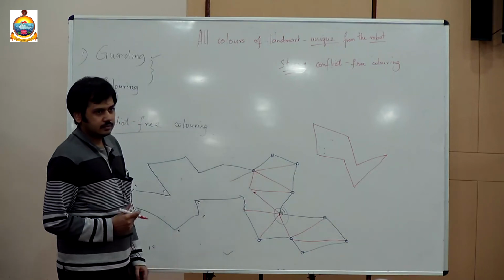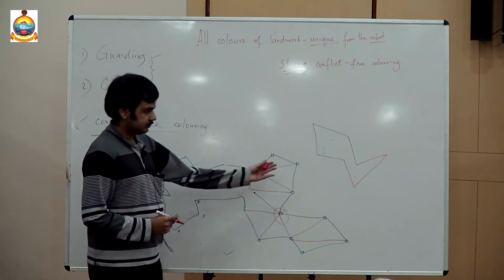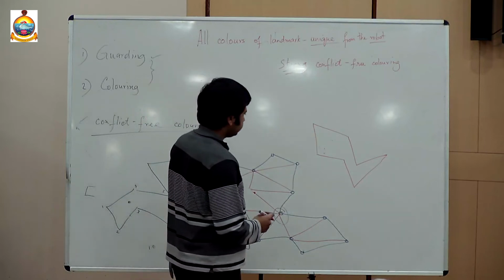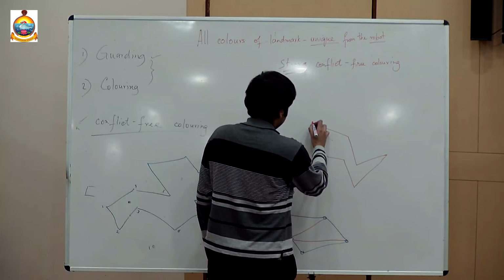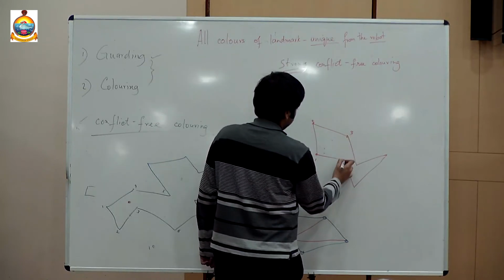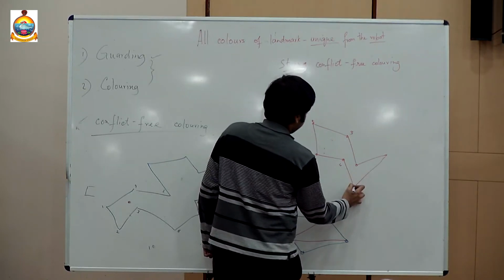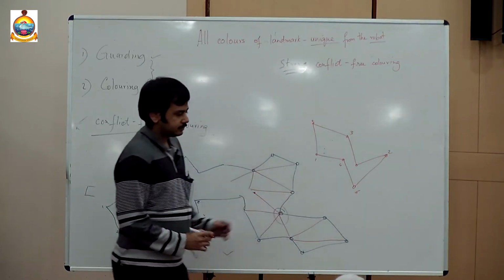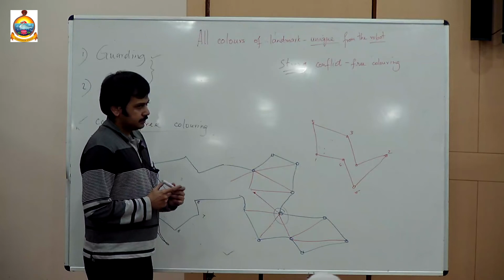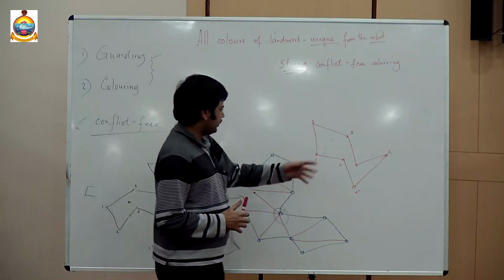What are the number of colors? Answer: 6. Okay, so 1, 2, 3, 4, 5, 6, and 2. Yeah, 2 or 1, both can be.